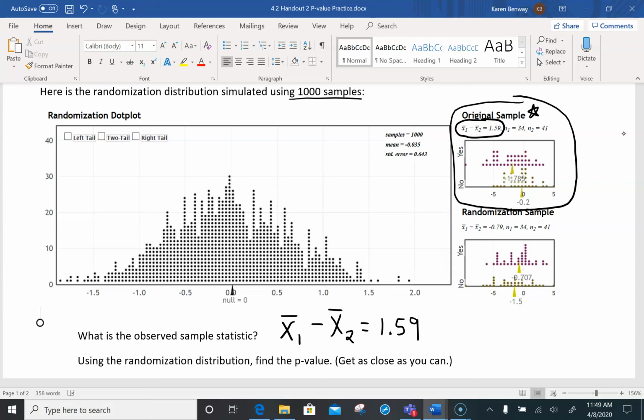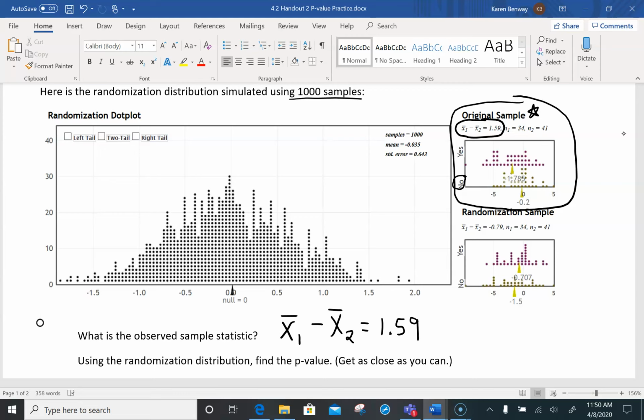And just looking at it, I can see, remember, negative values were losing weight, and larger values were gaining weight. So what this means is that if I look at it, my no group has a higher mean, which means that they lost less weight than the yes group.